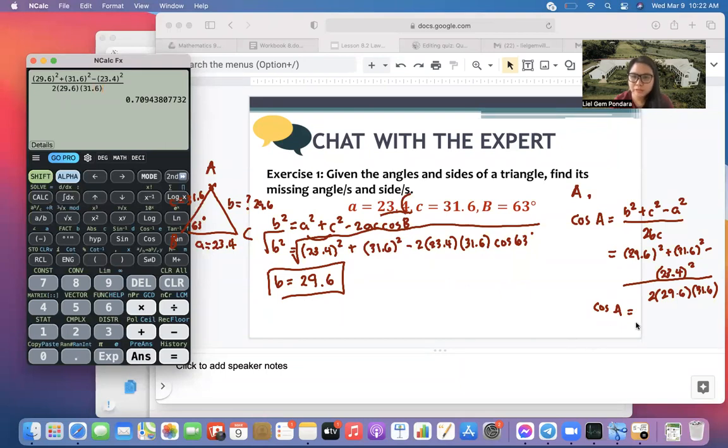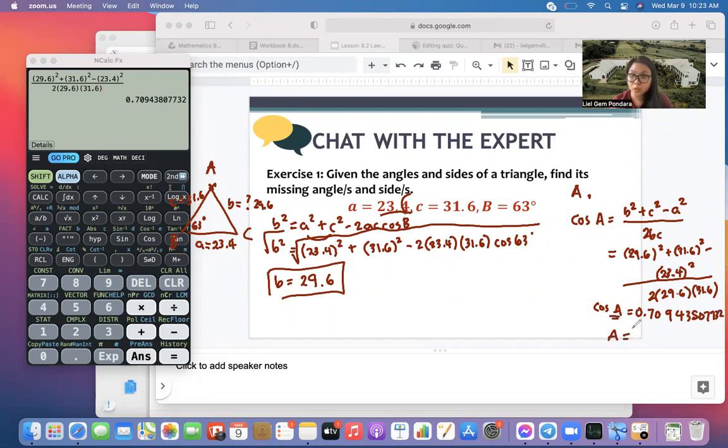You copy that one first. The result is 0.70943807732. But we are looking for A.